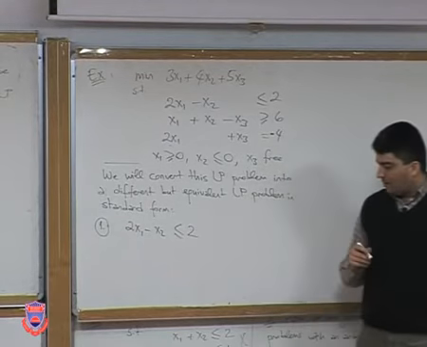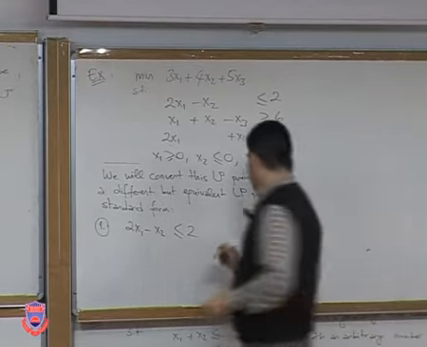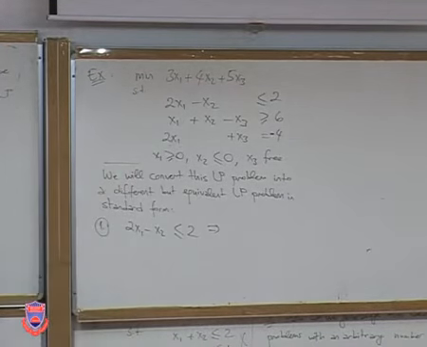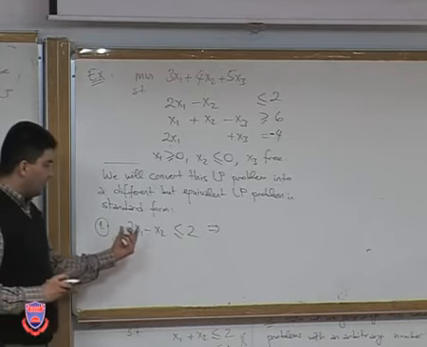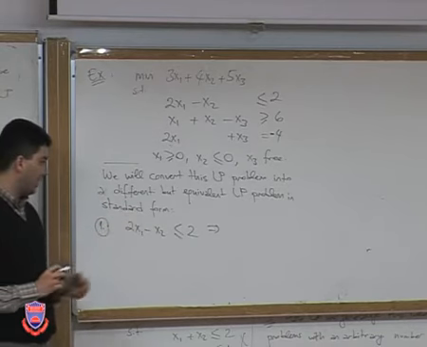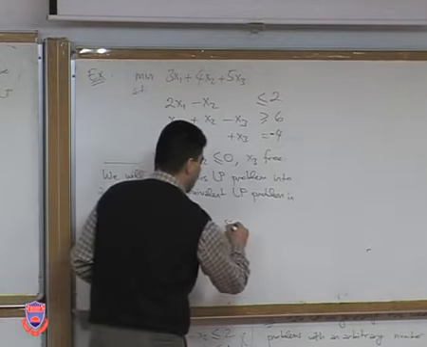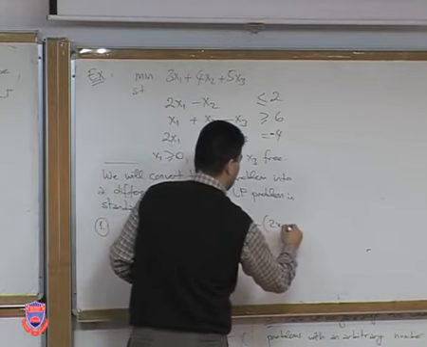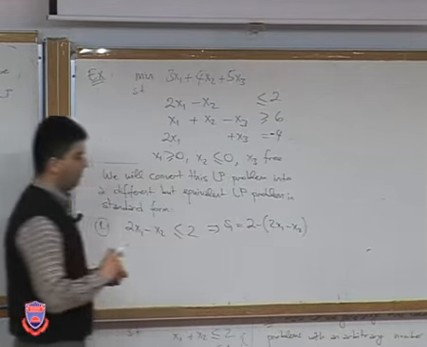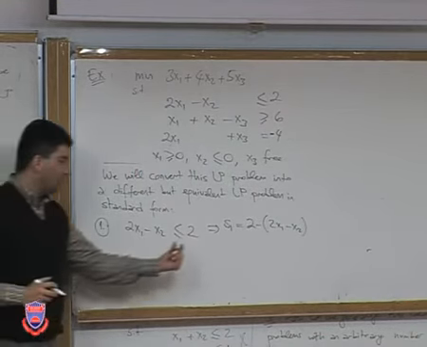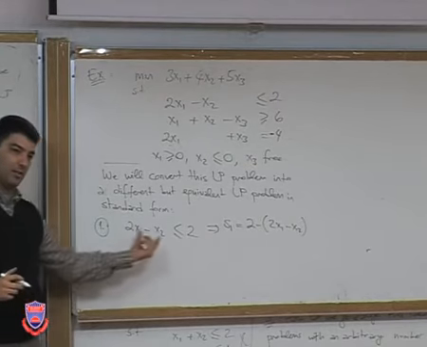So with that observation, I'm going to define a new variable for my problem, and I'm going to use it to denote the difference between the right-hand side and left-hand side. In other words, I'm going to define S1 to be 2 minus 2x1 minus x2. So S1 is precisely the difference between the right-hand side and the left-hand side of my constraint.